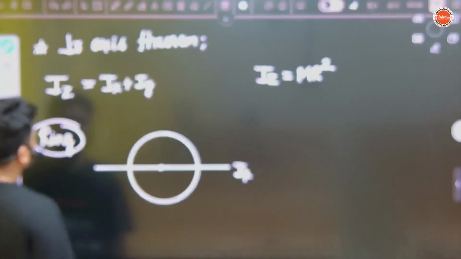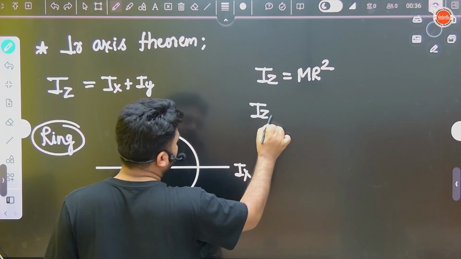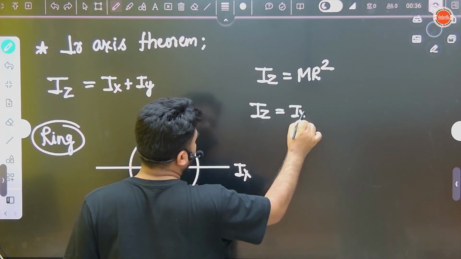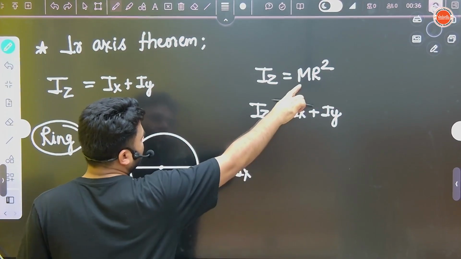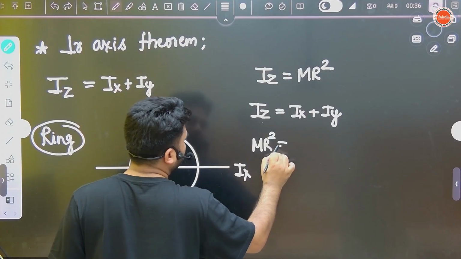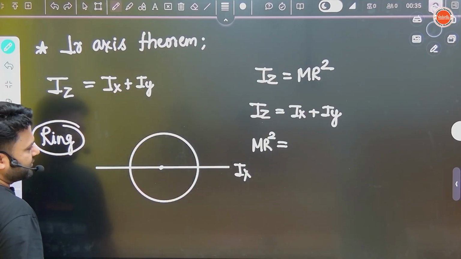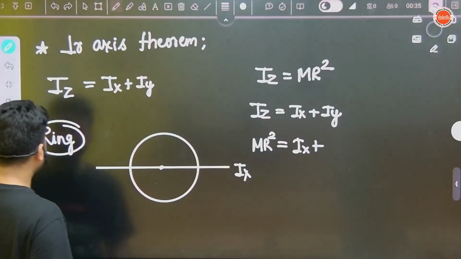So what can we write? Moment of inertia about the z axis equals moment of inertia about the x axis plus moment of inertia about the y axis. This is the perpendicular axis theorem. So the moment of inertia about the z axis is mr square, equal to the moment of inertia about the x axis plus the moment of inertia about the y axis.